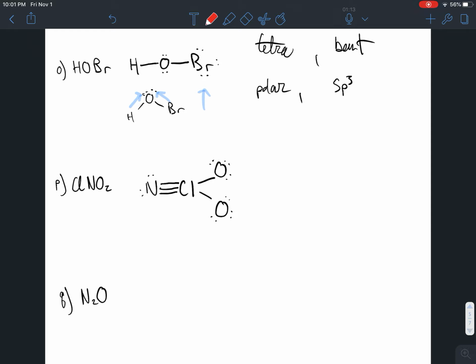Nitrogen wants 5 and has 7, so it has a charge of -2. Chlorine wants 7 and has 5, so +2. Do you guys see that this is definitely not a thing? It's definitely not going to happen.